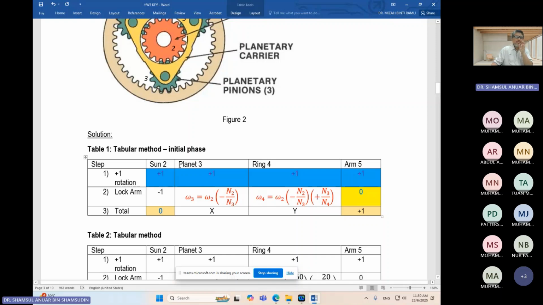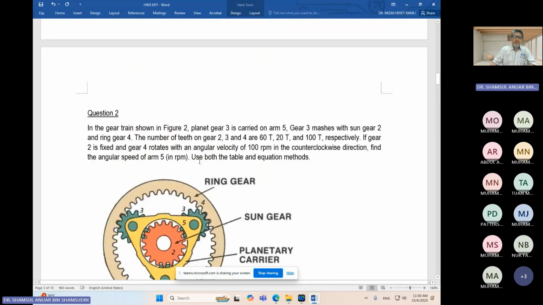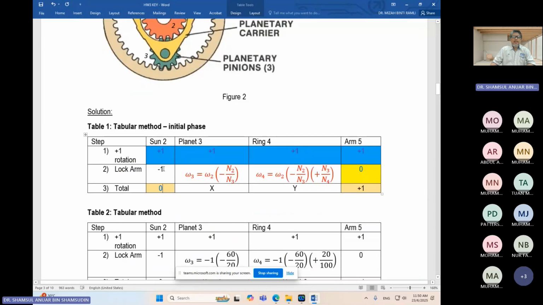For number 3, you decide from the question which one will be fixed in reality, which one will be the fixed member. If it says gear 2 is fixed, then in the end the sun gear 2 is going to be fixed.